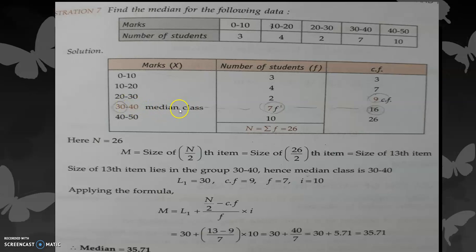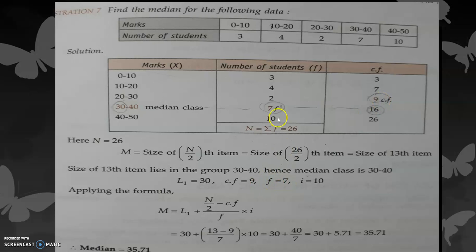30 to 40 is the median class, and L1 is the lower limit of this median class. So L1 is equal to 30. Then CF is the upper class's cumulative frequency of the median class. That means CF is equal to 9.